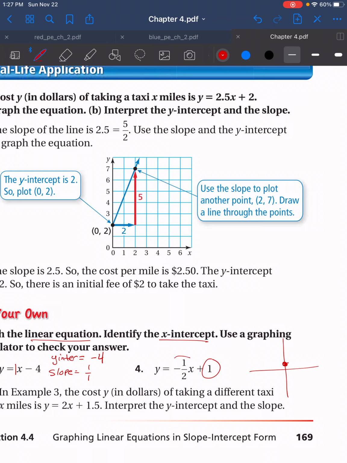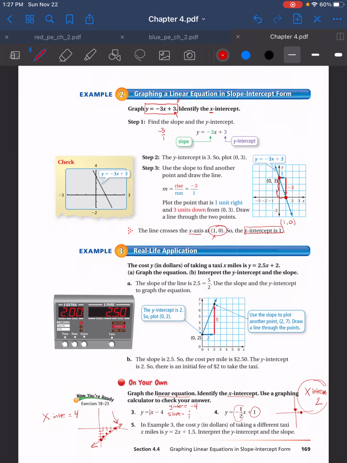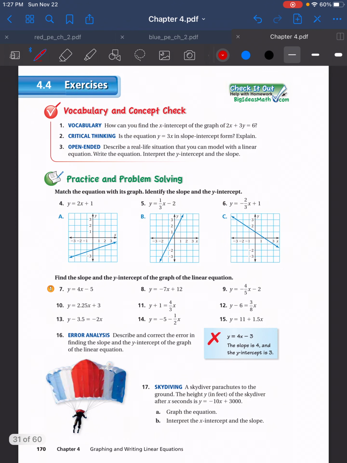My slope is down 1 over 2, so I'm going to go down 1 over 2. Well, that was super easy. I already hit the x. So my x-intercept is equal to 2. Super easy. Okay, we'll skip number 5. Make sure you have 3 and 4 in your notes.